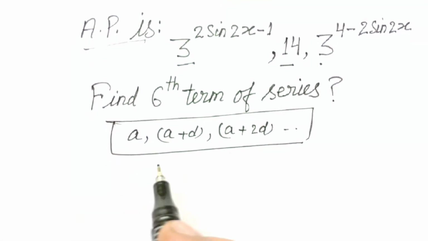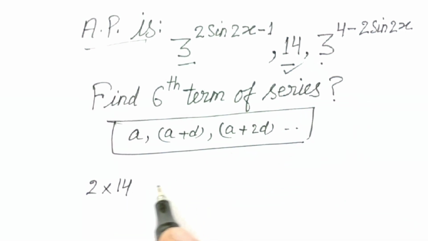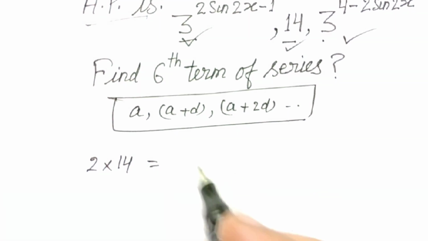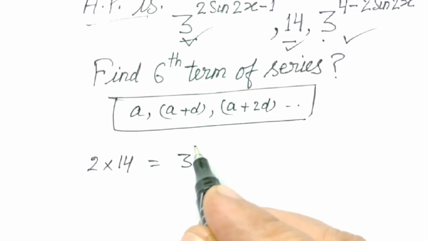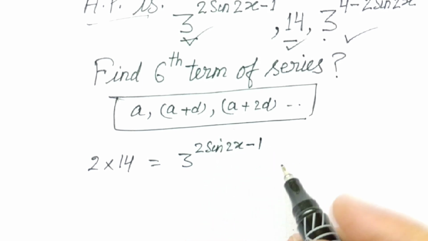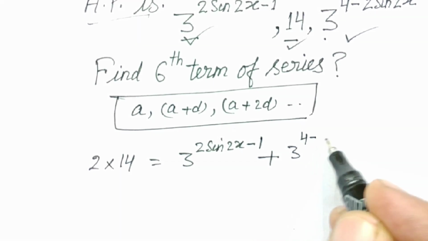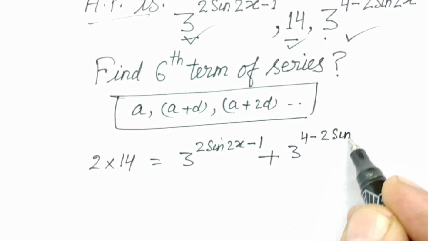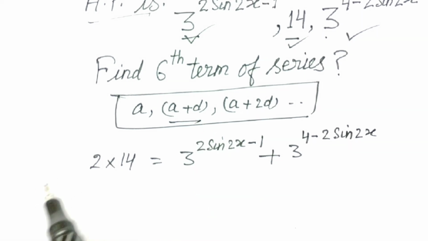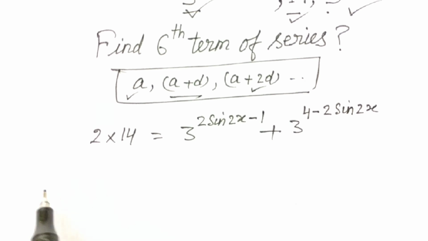Now 2 into 14 is equal to the first term plus the third term, that is 3 to the power 2 sin 2x minus 1 plus 3 to the power 4 minus 2 sin 2x, because double the middle term is equal to the sum of the first and third terms.